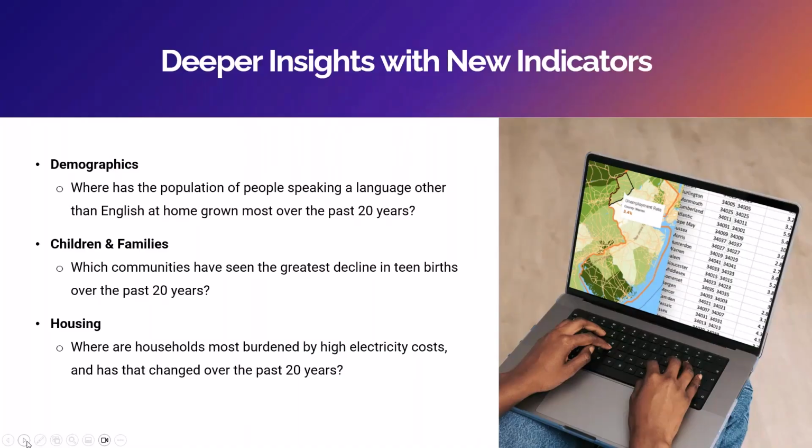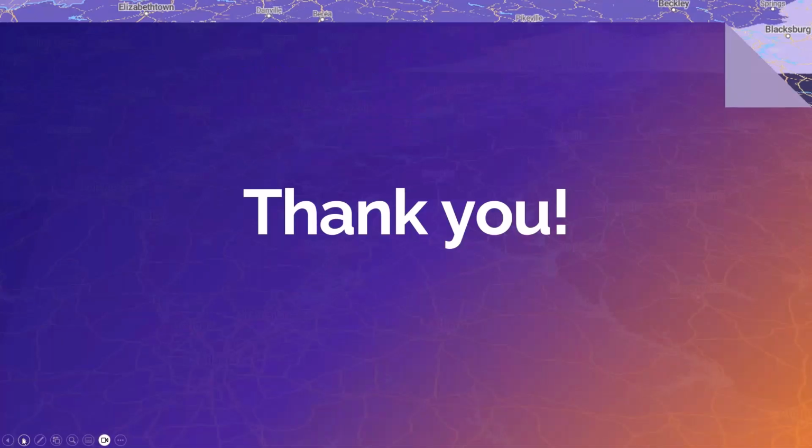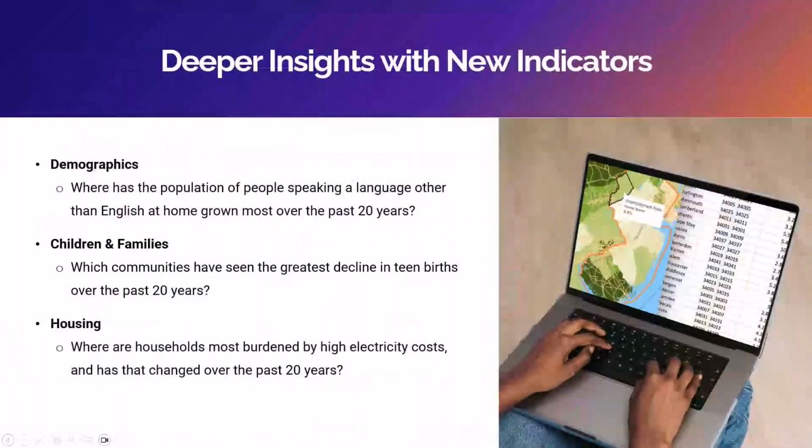As well as another new and very interesting indicator is around utilities, and being able to now more understand household burdens of high electricity costs. What's really exciting is being able to see some of these things over time. And I want to get us to the map. Ooh, let's get to the map.